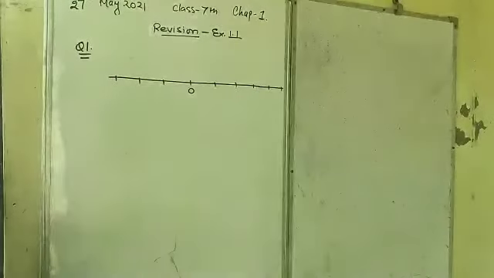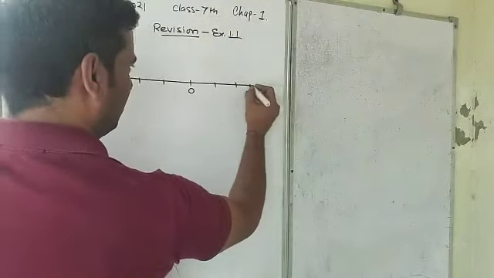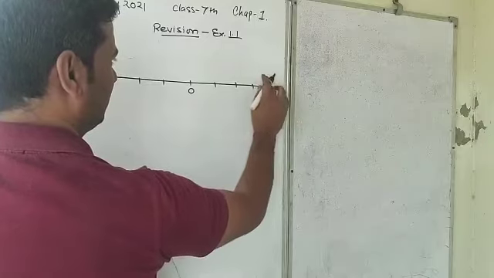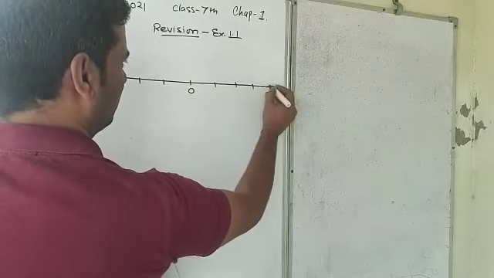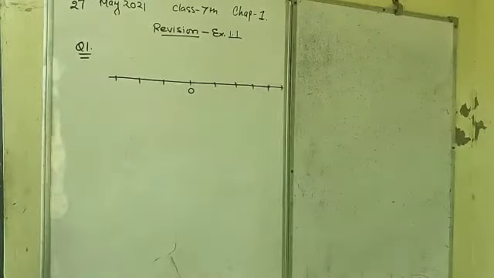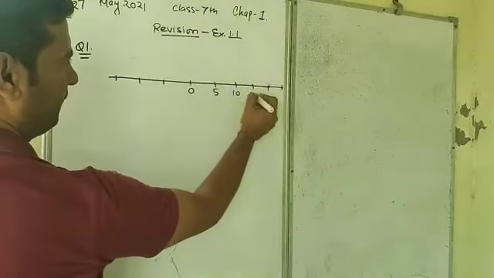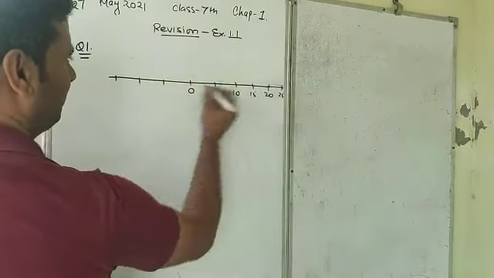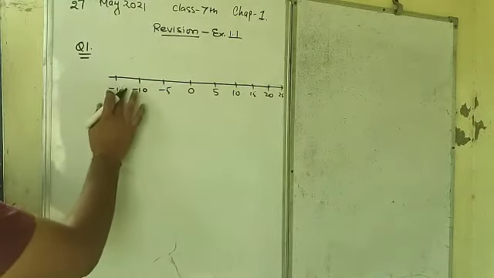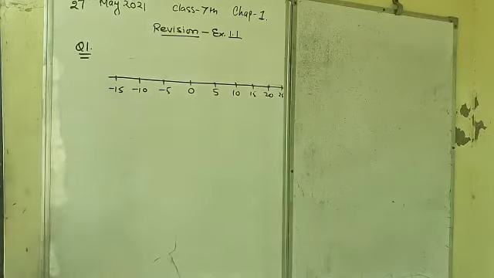Okay, so the temperatures of different places are given. Now, what are the places? Each unit represents 5: 5, 10, 15, 20, 25, minus 5, minus 10, minus 15.